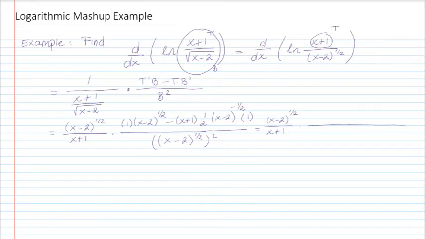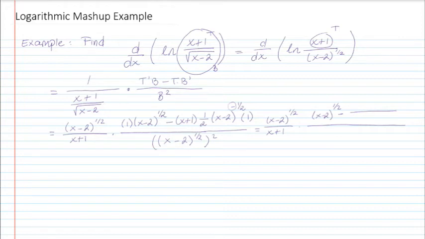What I will do is 1 times x minus 2 to the 1/2 is just x minus 2 to the 1/2. And then minus, well, first of all, I have a half here, and I also have the negative exponent, which tells me that there is a fraction in here. And what's going to go into the numerator?